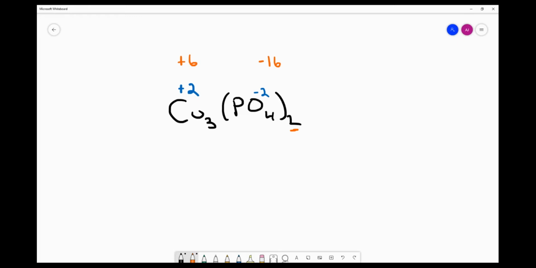I know that in this neutral compound, the sum of all the oxidation states must be equal to 0. So I have a total of +6 on the left, -16 on the right. That means I'm going to need, from the phosphorus, +10 to balance this out.